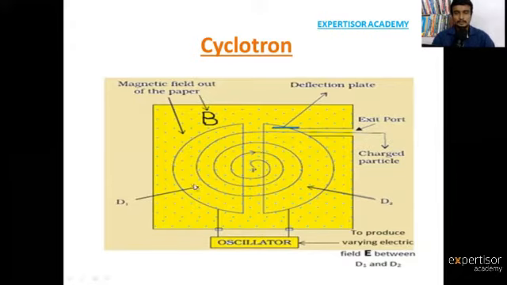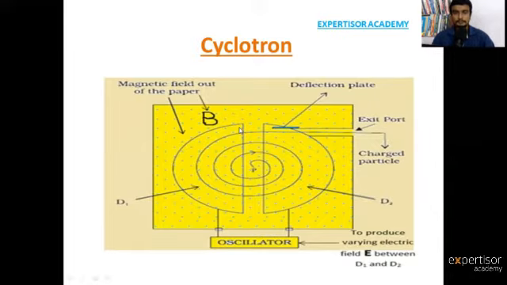Consider two deflection plates in the shape of D. Two D's. These D's are conducting ones.